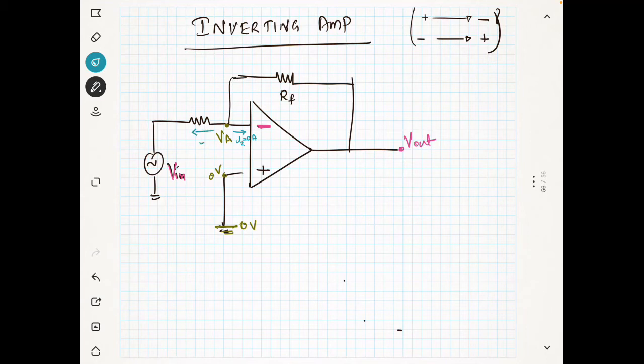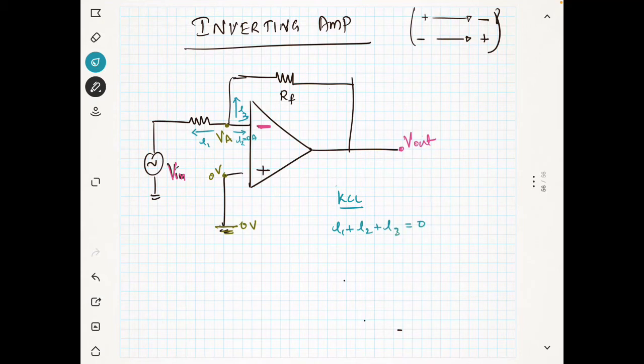So this current, let's assume that I1, and this current I assume that I3. That means I assume that all currents are leaving from the junction. If my assumption is wrong, I will be getting a negative current. There is no issue. So now if I apply the KCL, it becomes I1 plus I2 plus I3 is equal to 0.